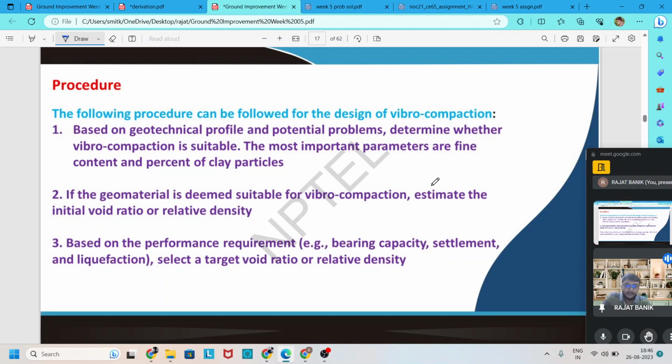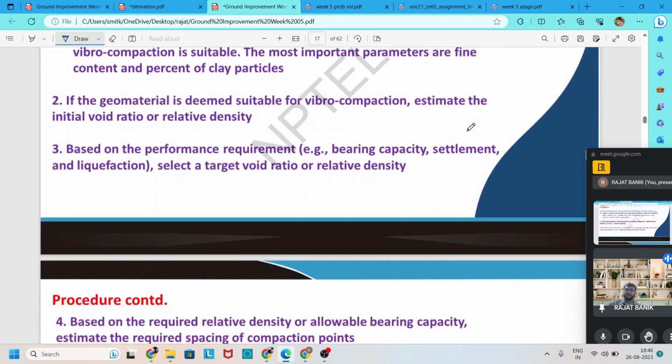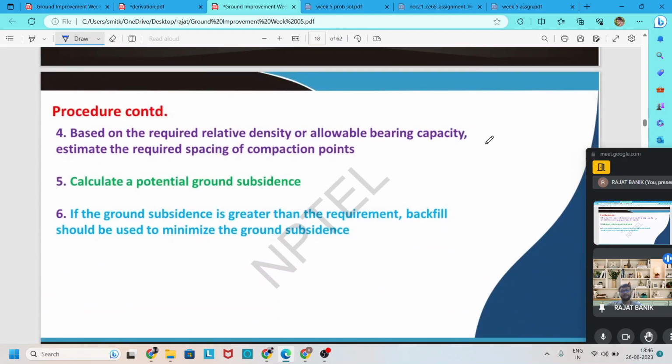After selecting the performance, like bearing capacity, settlement, and liquefaction, we need to find out the targeted void ratio and relative density for each of the performance criteria. After that, we need to find out the spacing based on this densification.